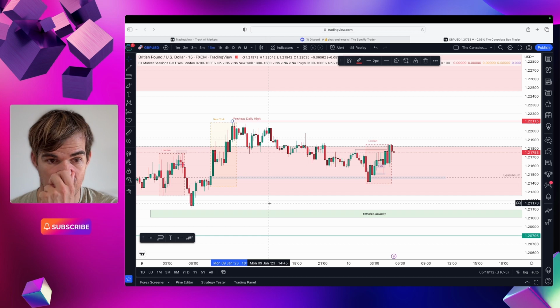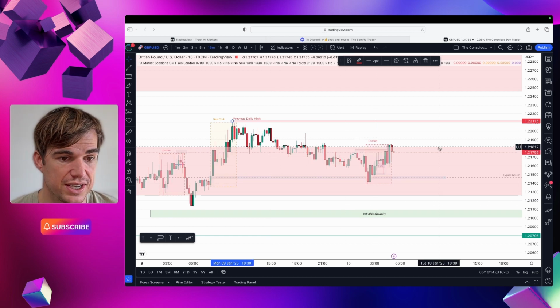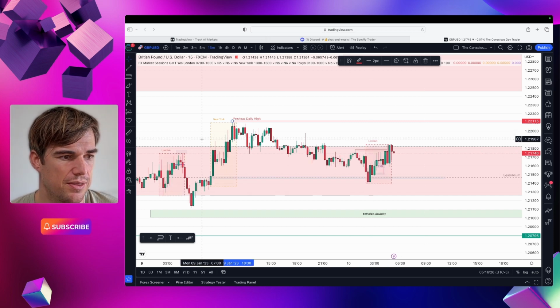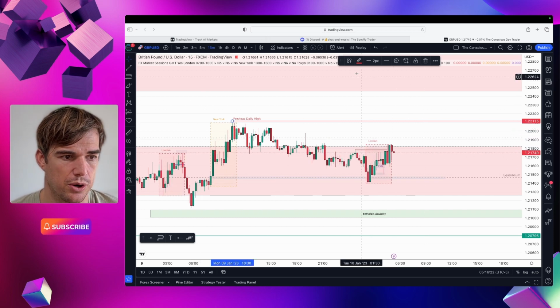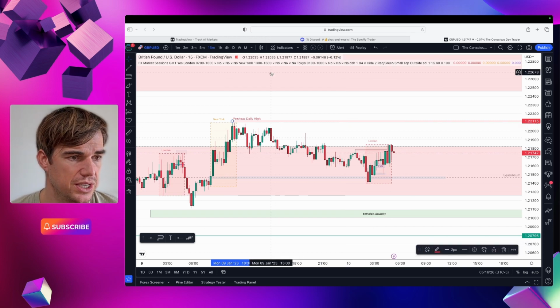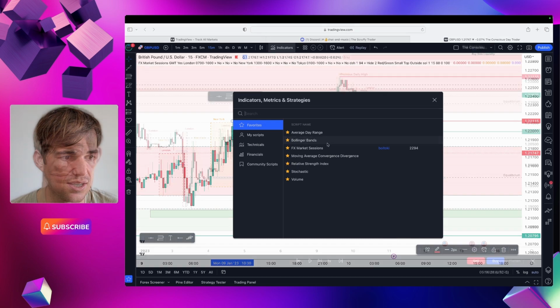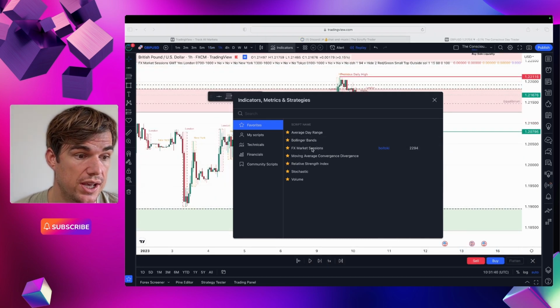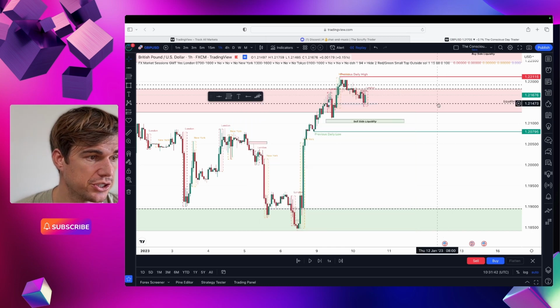So let's jump onto our TradingView. Well, this is going to be our live data. Someone in the comments, is it Jaden? I think it was Jaden, asked me about these boxes and how do I put them on. I've mentioned them in previous videos. You can find this on the indicators. They're called FX market sessions, and this is where you can click and put it onto your chart.